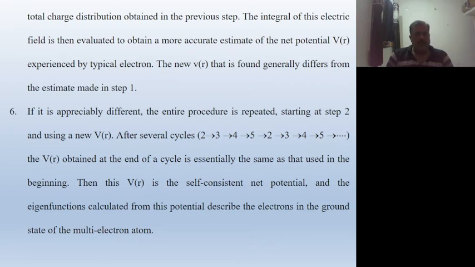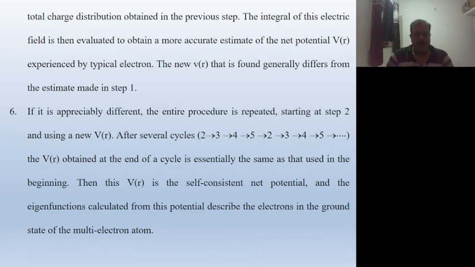The sixth step: if it is appreciably different, the entire procedure is repeated starting at step 2 and using the new V of r. After several cycles, 2 leads to 3, 3 leads to 4, 4 leads to 5, and again 5 leads to 2. This process is repeated again and again.